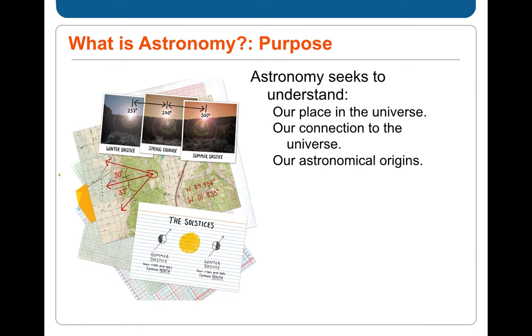The point of astronomy is to find out where we are in this vast universe. Are we somehow special? Our planet is special. Are we in the center of the universe, or is the sun in the center of the universe?